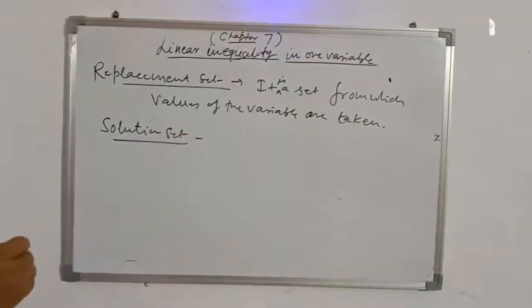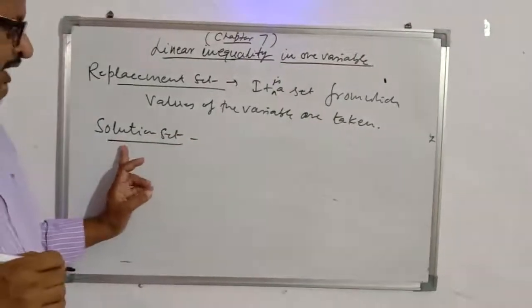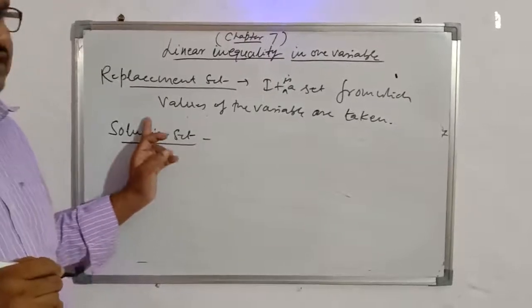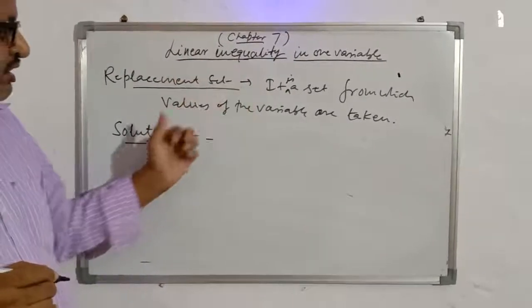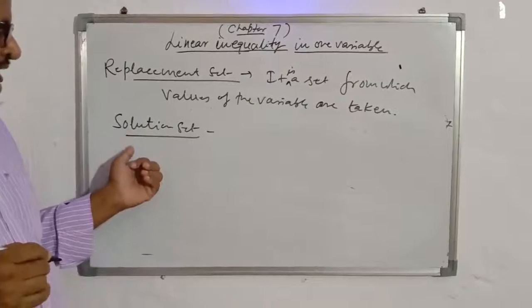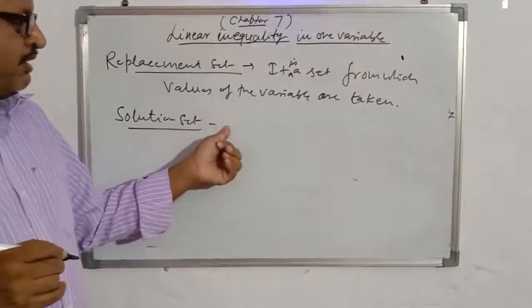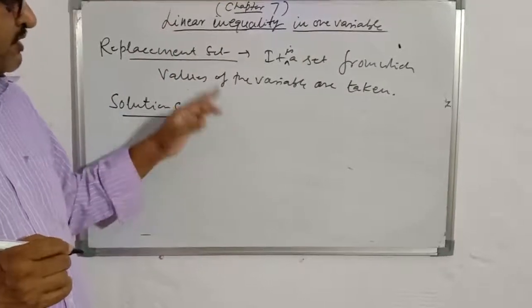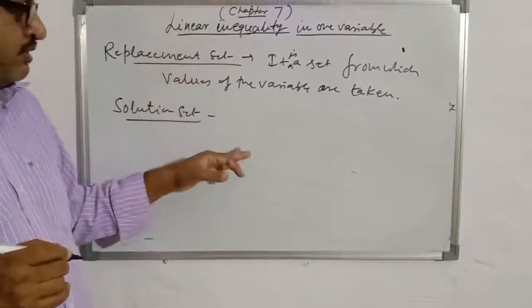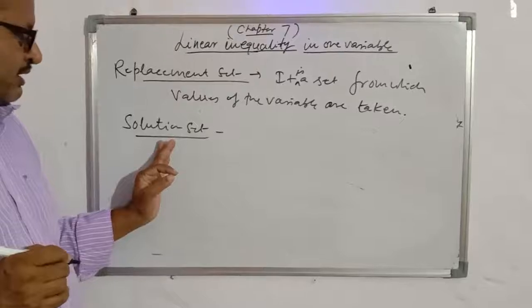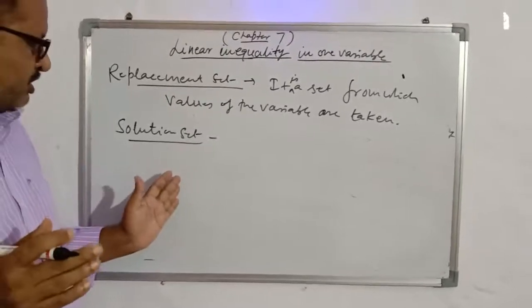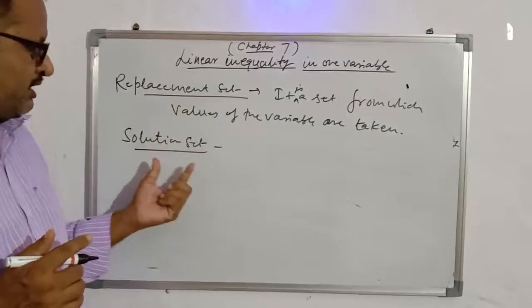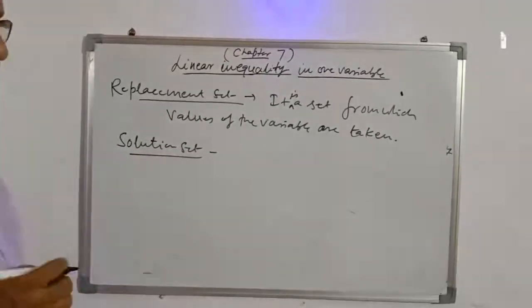Next, solution set. So what is a solution? The value of the variable which can satisfy the given linear inequation, meaning which can make the inequality true, is called a solution. And the collection of all the values of the variable which can satisfy the linear inequality is called the solution set.